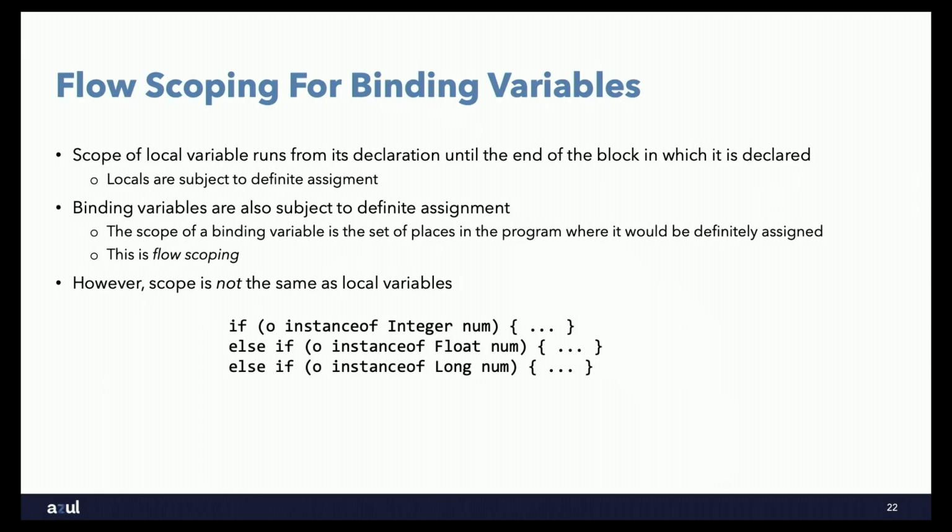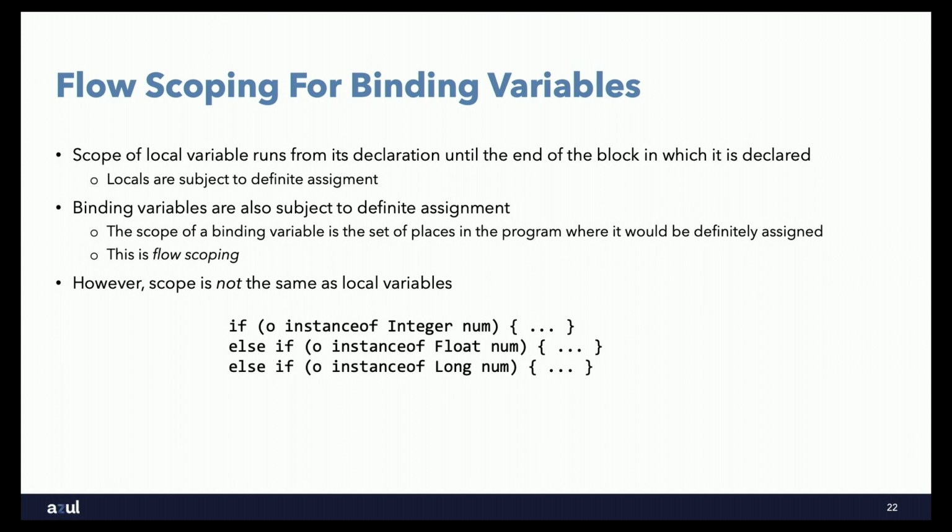You have to remember that flow scoping is not the same as it is for local variables. A good example of that is that we can do this if we want to, and we wouldn't be able to do this if we were using the same scoping as for local variables. We can say if obj instanceof Integer num, we'll use num as the binding variable, then we can use that in the block of code.